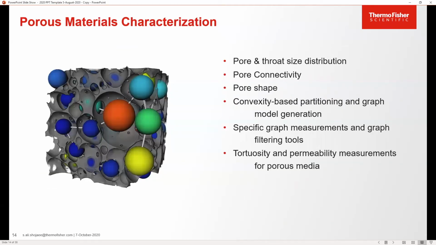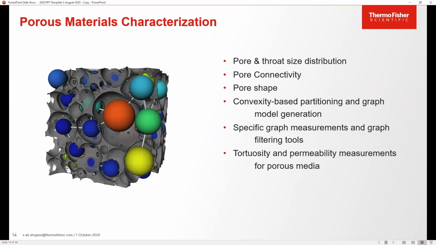The first one that I want to talk about is characterization of porous materials, specifically pore network modeling, which is a way to generate a mathematical estimate of the data that you have. You essentially have a model of pores and throats that can be used to get information about pore connectivity, pore shape, and flow inside the porous material.